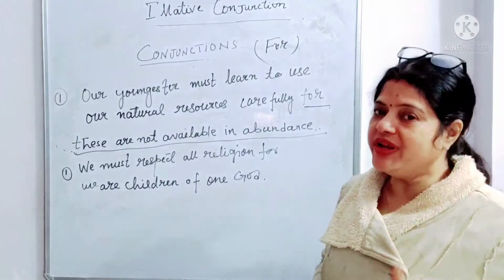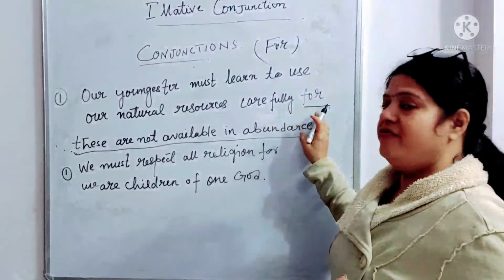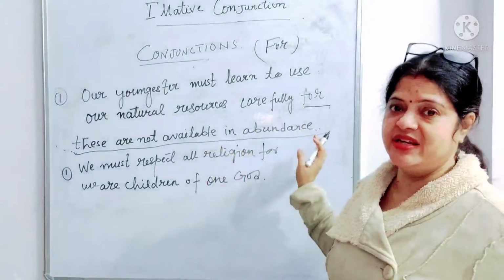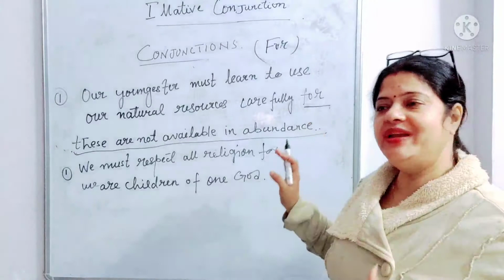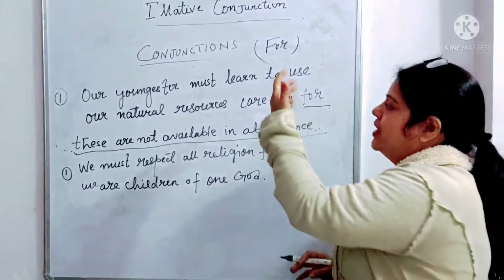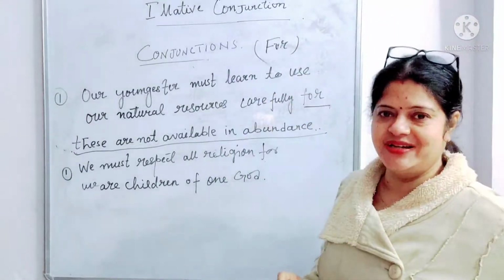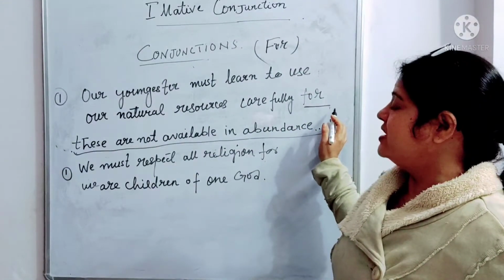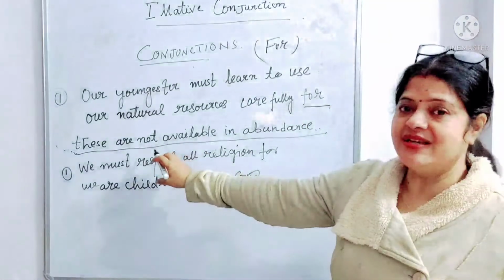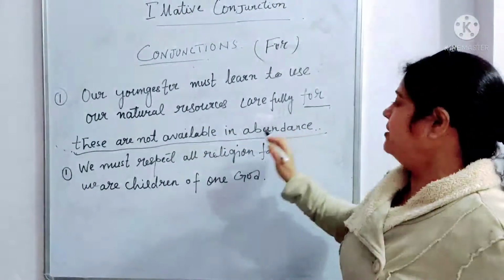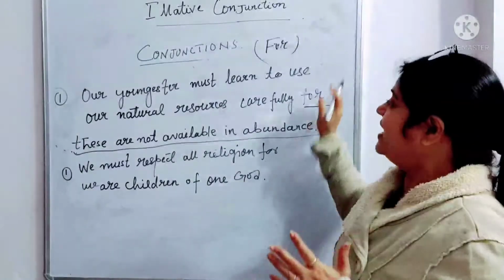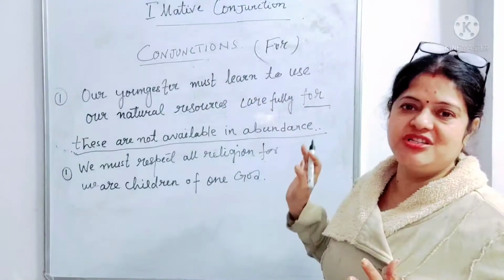So if we add because before the second sentence, it will turn into a complex sentence, not a compound sentence. It will become a subordinating clause depending on the principal clause for its meaning.